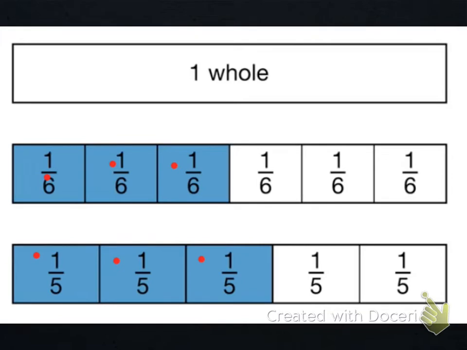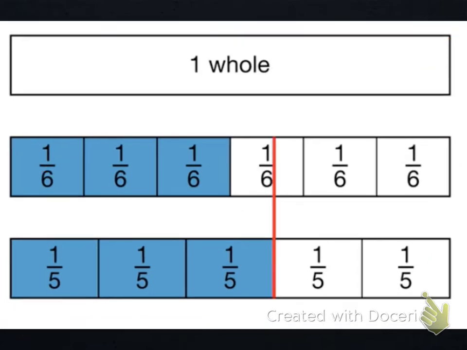If you look at the whole on the top here, and you look at Sarah's rectangle, and you look at John's rectangle, all of them are exactly the same size. It's just how we have divided them up. Sarah's is divided into 6 parts because her denominator was a 6, and John's has been divided into 5 parts because his denominator was a 5.